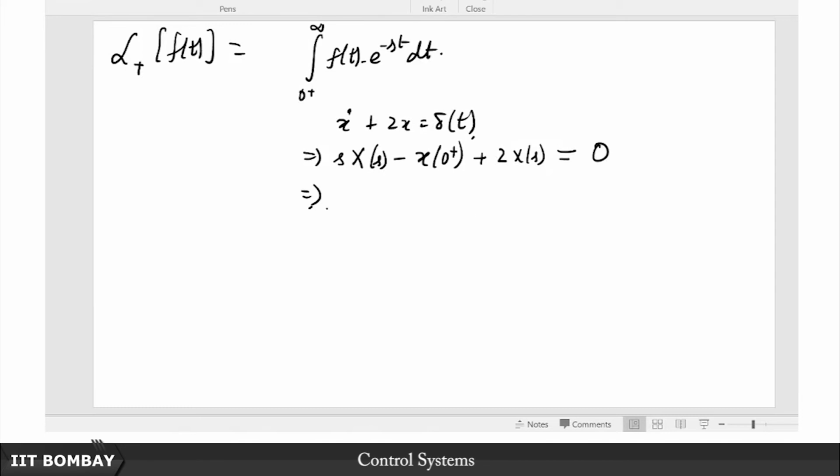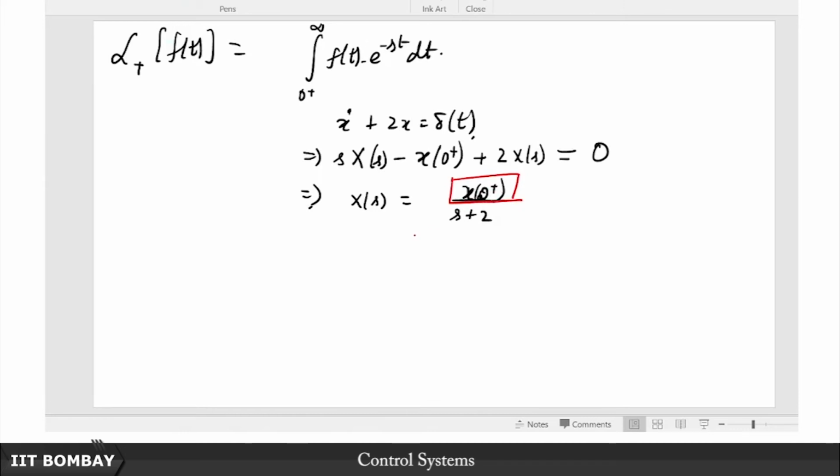Now, upon simplifying and rearranging these terms, what we see is that x of s becomes equal to 1 over s plus 2 plus x naught, x at 0 plus, over s plus 2, and we are faced with the same conundrum, which is who is going to tell us what x0 plus is.